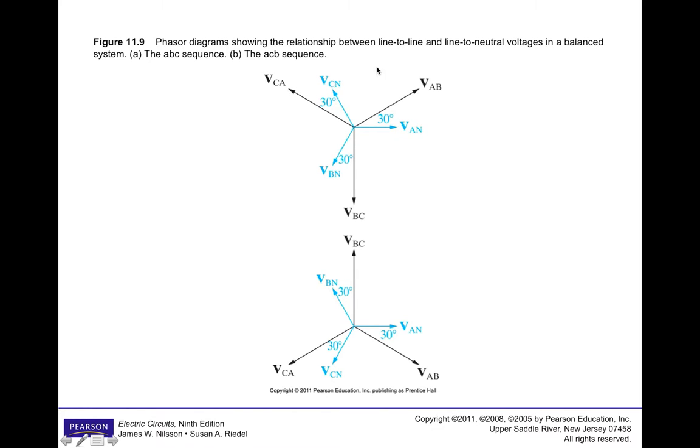So this is a diagram that indicates, first of all, the top figure indicates for a positive phase sequence, the bottom figure indicates for a negative phase sequence, the difference in relationships between phase voltages and line voltages, or line to line and line to neutral, depending on how you want to state that. So we can use this to get more interesting information out of the system.